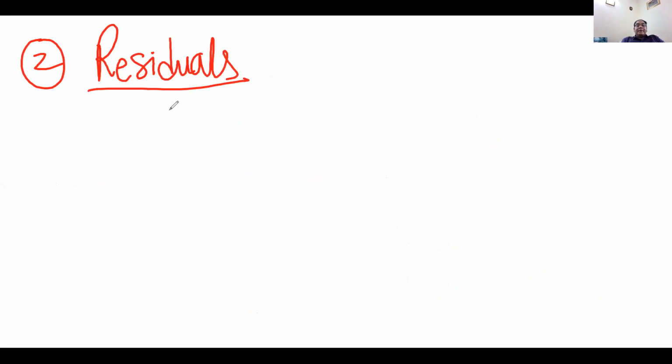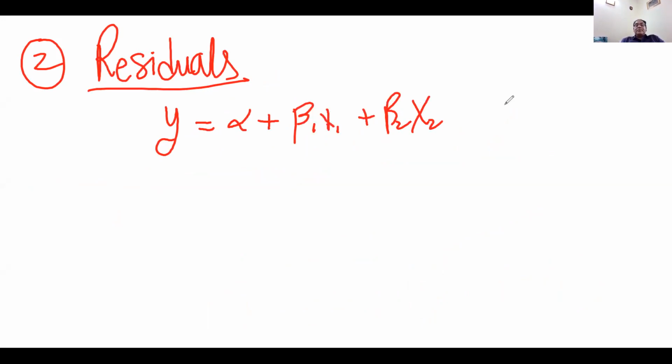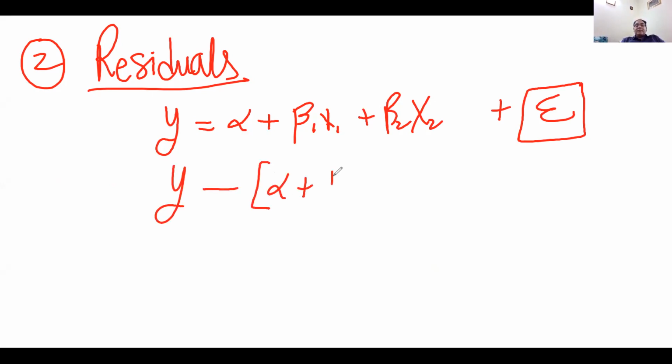If I write the equation like alpha plus beta 1 x1 plus beta 2 x2 plus error term, you know that this is the error term. This error term is actually the difference y minus (alpha plus beta 1 x1 plus beta 2 x2) equal to error.